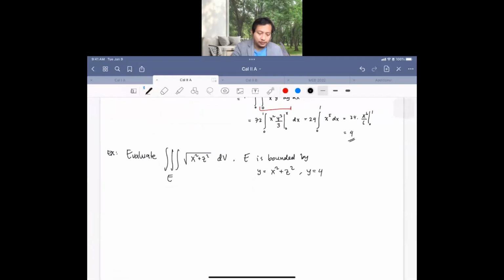If you want to draw, like imagine how it looks like, we can draw the paraboloid. This is a paraboloid with the main axis being y. And we can try this one.